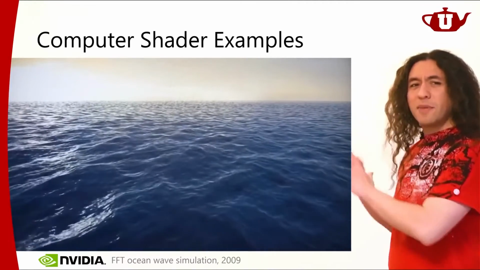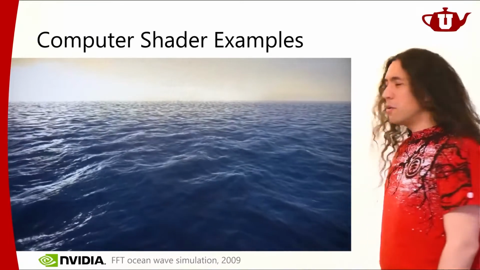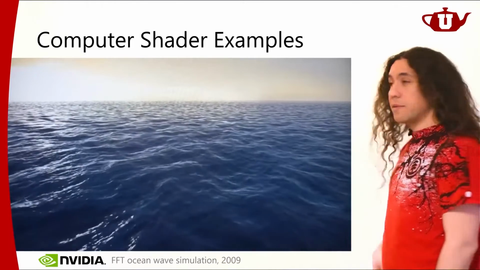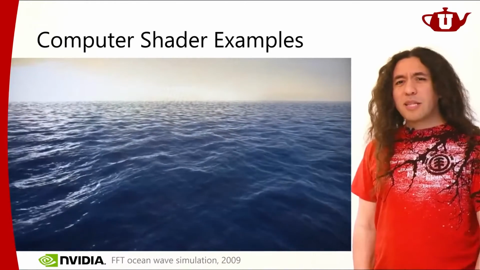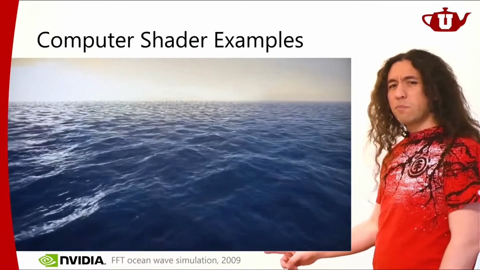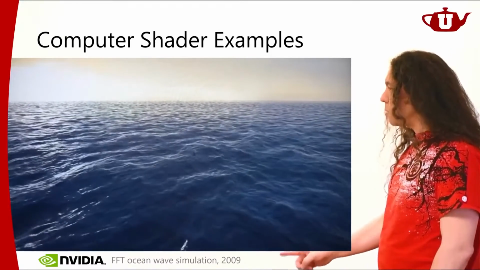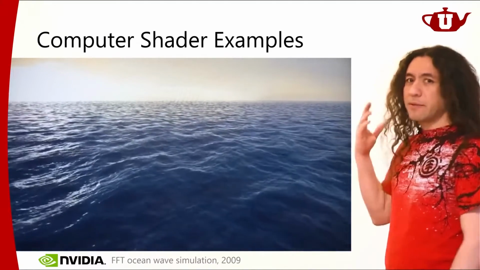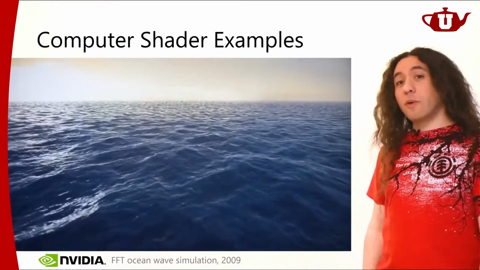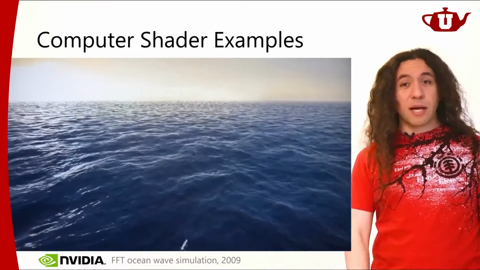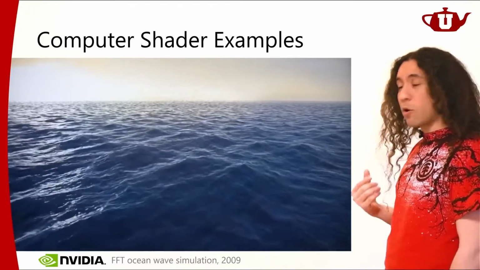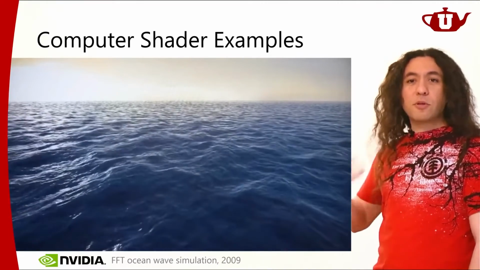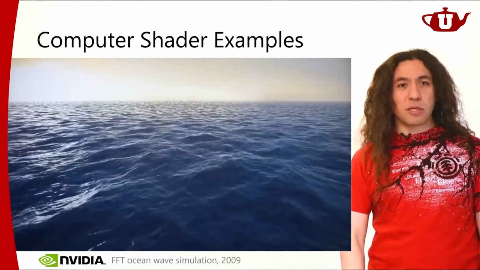Basically it's doing some compute on the GPU to figure out where the vertices of this open ocean are supposed to be. I haven't checked this code, but possibly it's outputting an image rather than positions of vertices. Anyhow, it's an ocean wave simulation you can do with a compute shader. The goal in the end is to have some graphics output, but you're computing these textures on the fly using general purpose compute operations, right?